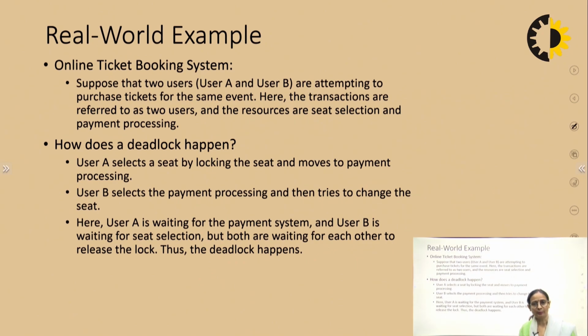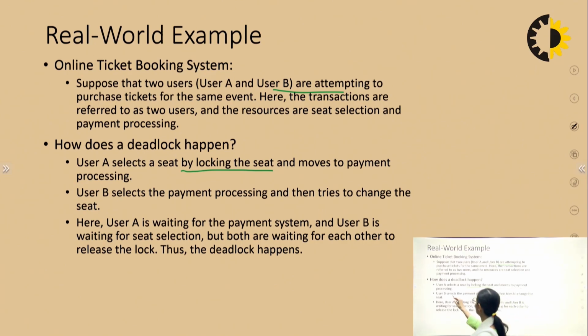If we talk about a real-world example, take an online ticket booking system. Suppose I have two users, user A and B, attempting to purchase tickets for the same event. Here the transactions are the two users, and the resources are the seat selection and the payment processing. How can deadlock happen in this system? User A selects a seat by booking the seat and moves to the payment portal.